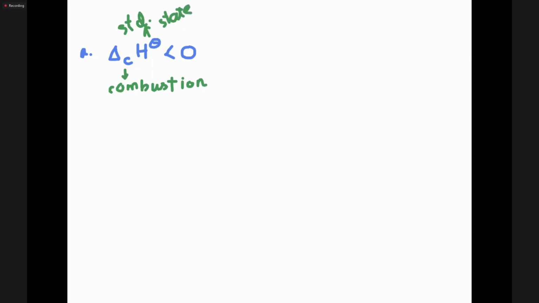So the standard sign stands for the standard state and the C stands for combustion. That's why it is termed as delta C H standard. That means it is the standard enthalpy of combustion.